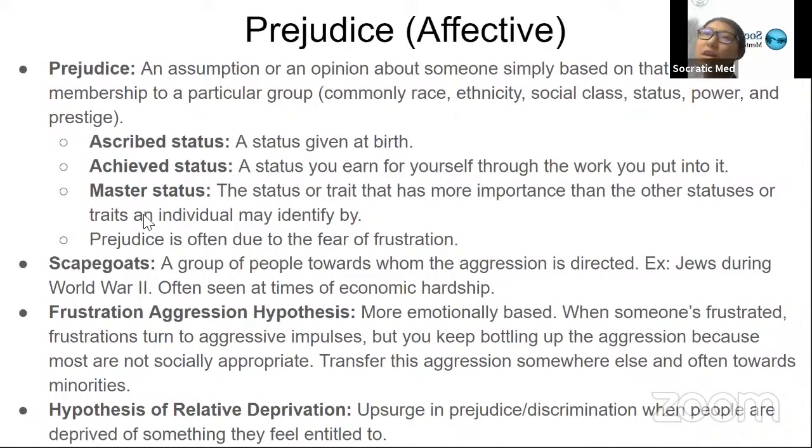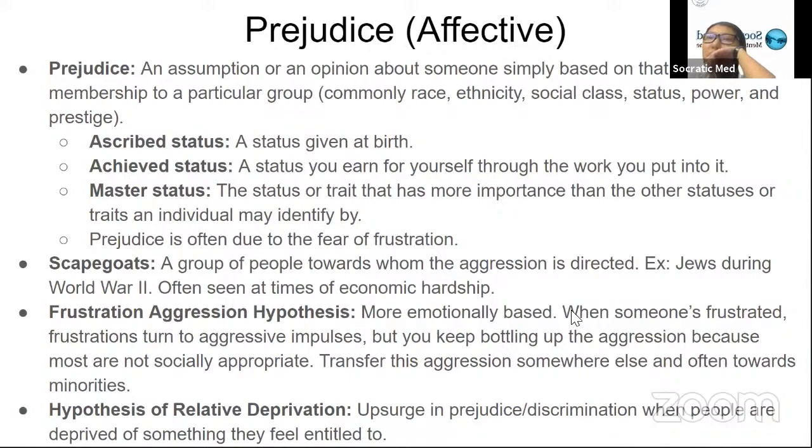And prejudice is often due to the fear of frustration. And so this leads up to that next term, which is scapegoats, a group of people towards whom the aggression is directed. So an example of scapegoats were Jews during World War II, and they're often seen at times of economic hardship. There's also the idea of the frustration aggression hypothesis, which is a little bit more emotionally based.